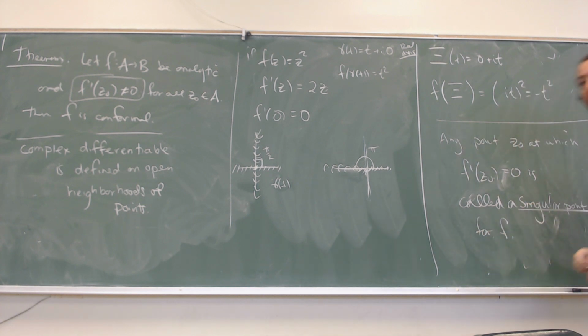Not a singularity, but a singular point. You might ask, why use the word singular? The idea is that the derivative of an analytic function can only be 0 at a point at a time. You can't have a whole curve where things are flat. It can happen at points. And so at those points, you have to be careful.